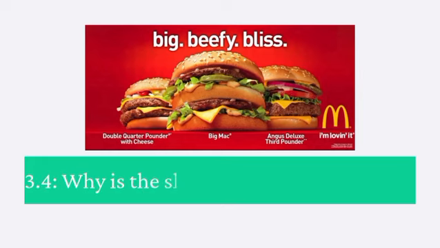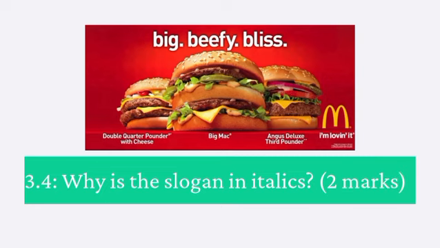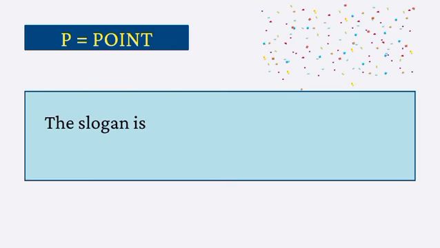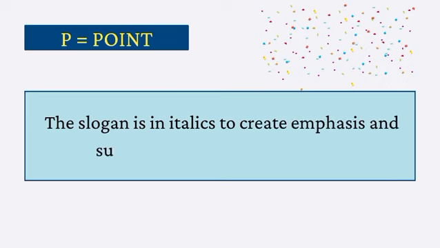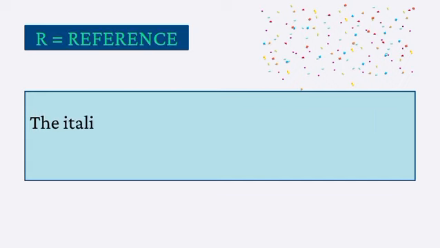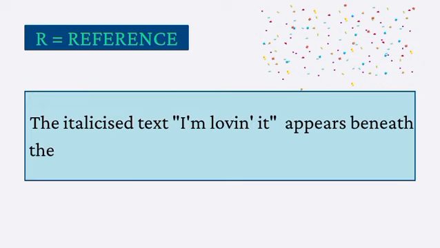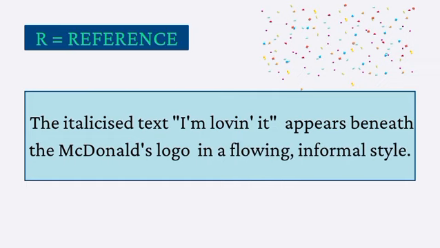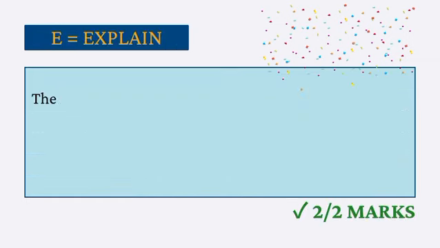Question 3.4. Why do you think the slogan is in italics? 2 marks. Here's my PRE answer. Point: the slogan is in italics to create emphasis and suggest a casual, personal tone. Reference: the italicized text, "I'm loving it," appears beneath the McDonald's logo in a flowing, informal style.